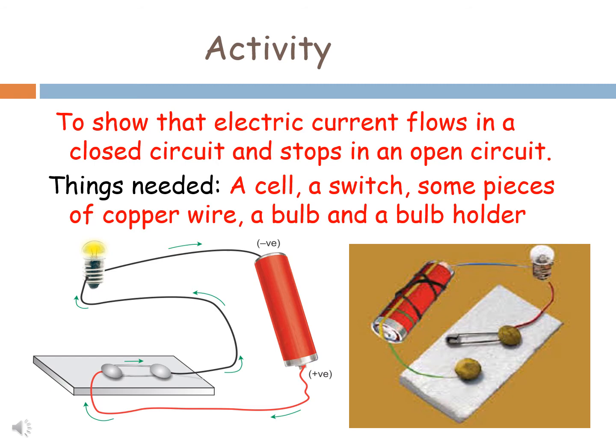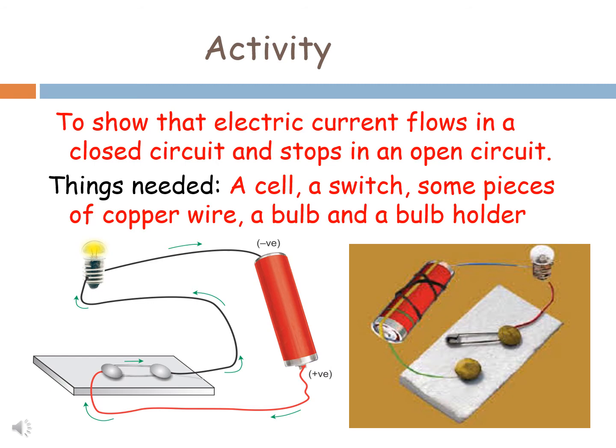Here we can use a safety pin, which can act as a switch, and when the switch is on, the circuit is a closed circuit. If we observe, when the switch is on, meaning the circuit is complete, the bulb will glow.